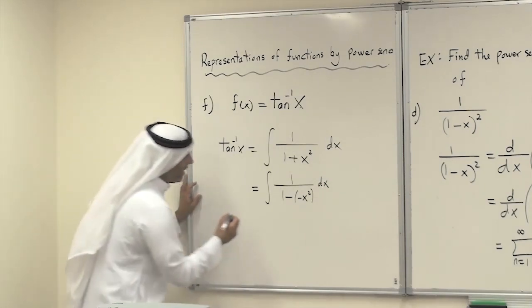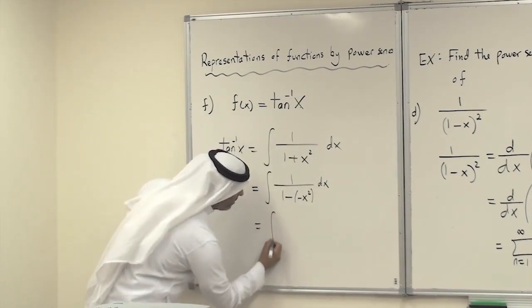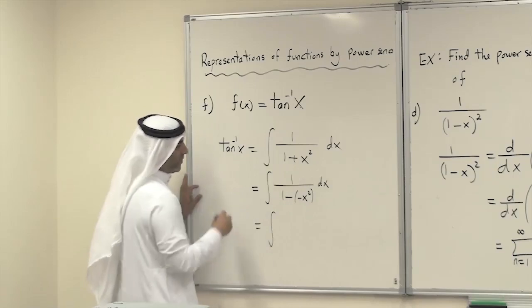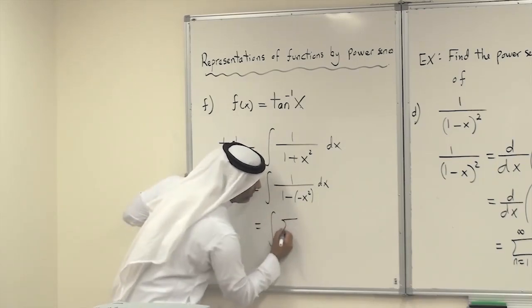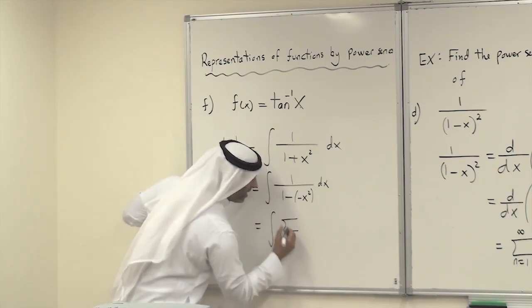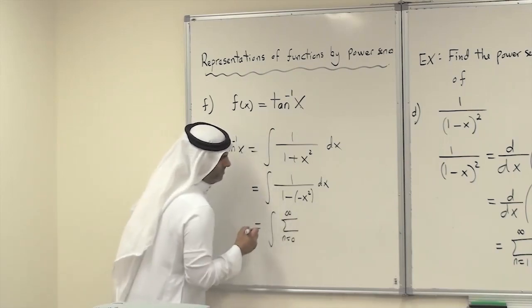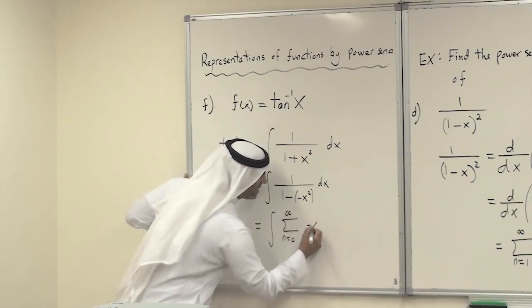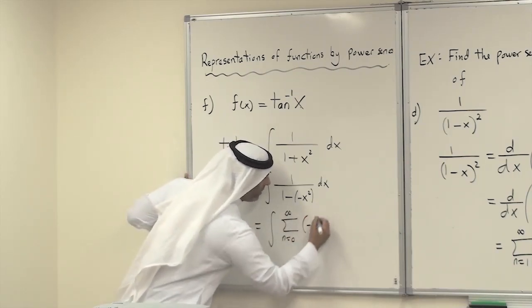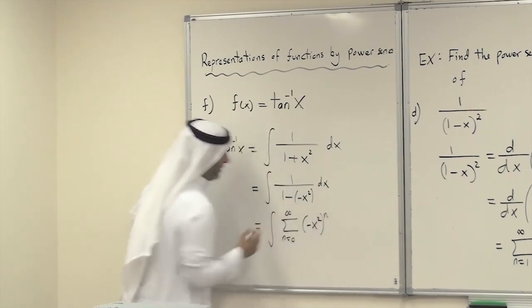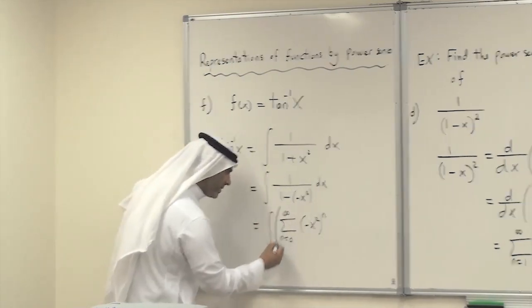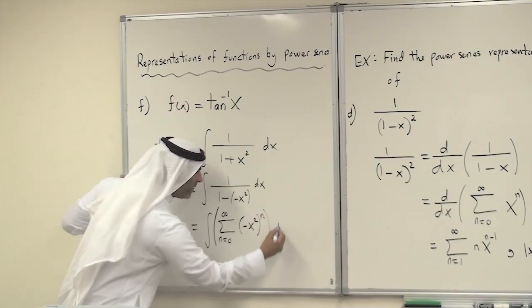And clearly now I can find the power series representation of this function by the summation from n equal to 0 up to infinity of (minus x squared) to the power n. Okay, fine. I need to integrate all of it with respect to x.